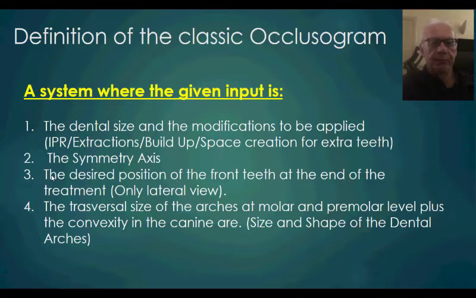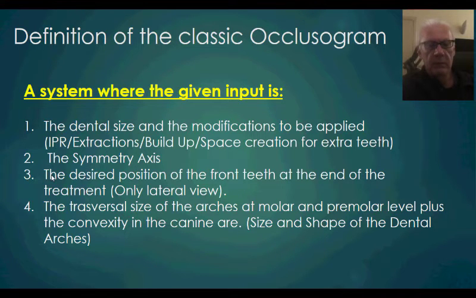This is a system where you give some input, and then the software is going to work with this data you give as an input, and the software gives you some output that you will have to evaluate.